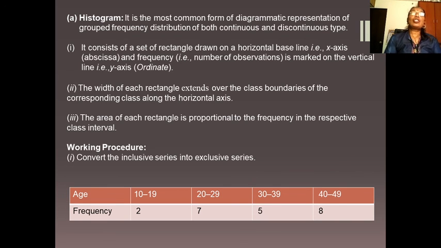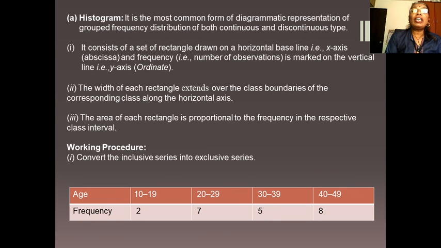Then histogram. It is the most common form of diagrammatic representation of a grouped frequency distribution, of both continuous as well as discontinuous type. It consists of a set of rectangles drawn on a horizontal baseline, that is on the x-axis, and the frequency, that is nothing but the number of observations, is marked on the vertical line, the y-axis, the ordinate.